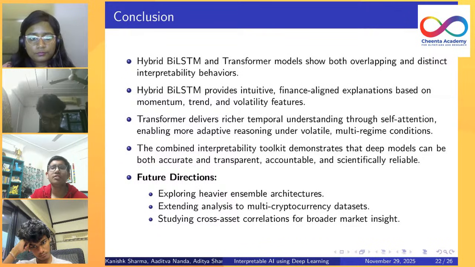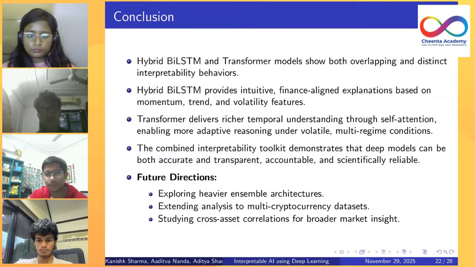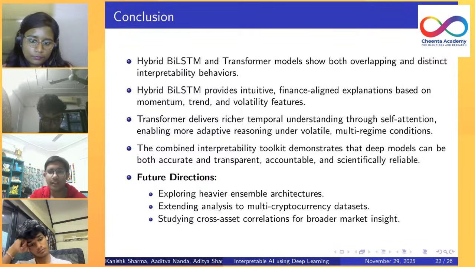So, in conclusion, what our paper basically found was that the hybrid BiLSTM and transformer models have valuable but different interpretability strengths, and so practitioners should be very careful in what context they are using the models. The hybrid BiLSTM model provides straightforward and finance-aligned explanations, which is similar to what traders and practitioners do.